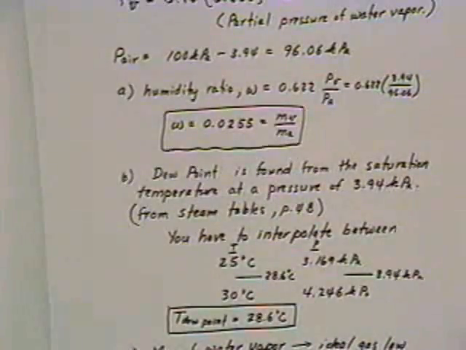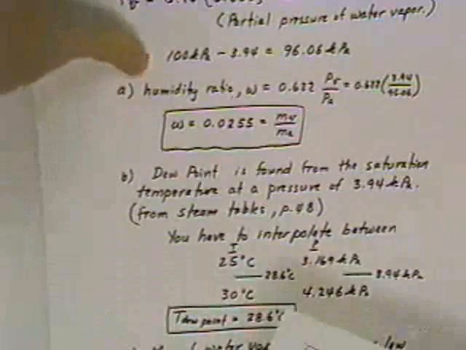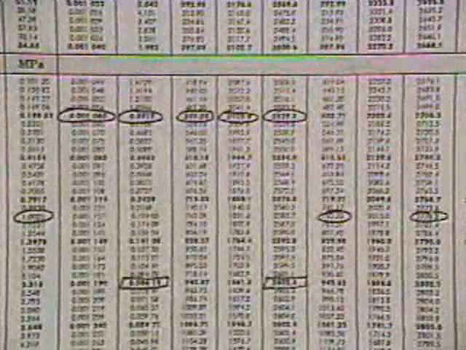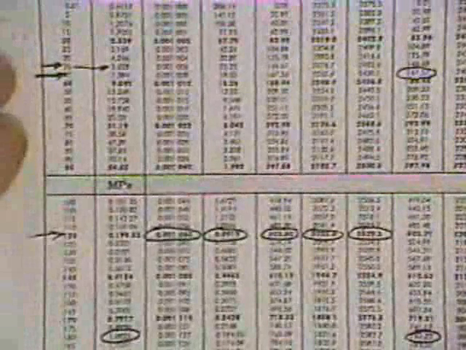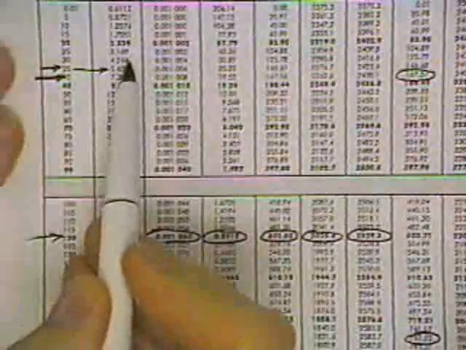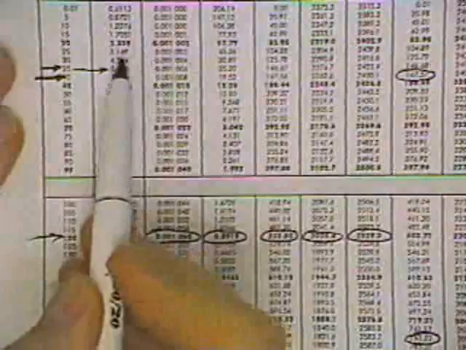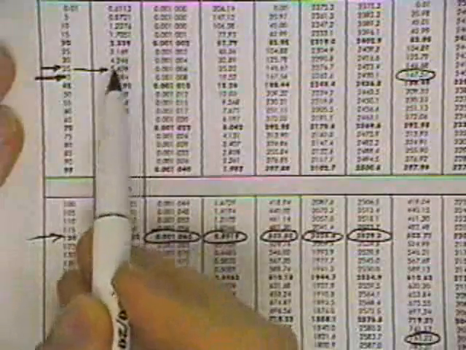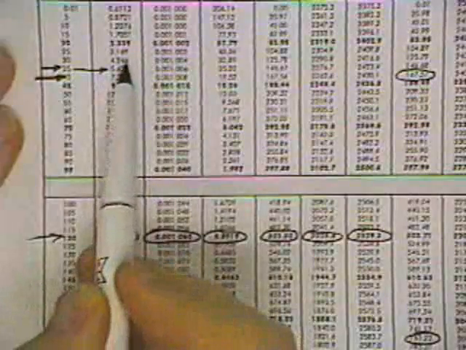So if we go back to the steam tables, I'm going to go ahead and put the steam tables back on here again, but we'll see that we're going to have to interpolate between them to make this thing work. Okay, so we found the dew point, and we are at a pressure of 3.94, and if you look up here at 3.94, you're going to see that we've got a 3.169 and a 4.246, and so this is going to be one of those little nasty interpolation problems.